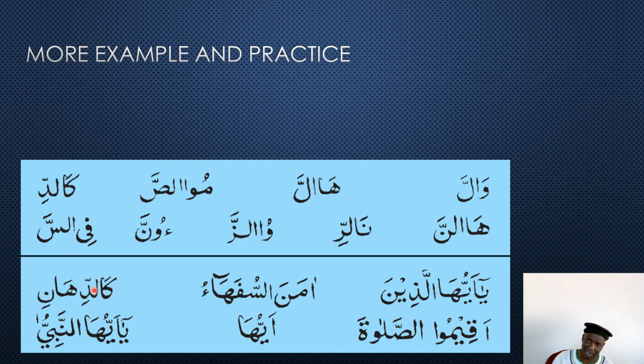This kaf here, kaf alif is ka, and alif with a dal. So there are two alifs here. Kaddihani. So all these you're going to ignore because of this shadda here. Kaddihani. So that's the power of Tashdeed, Shaddah.